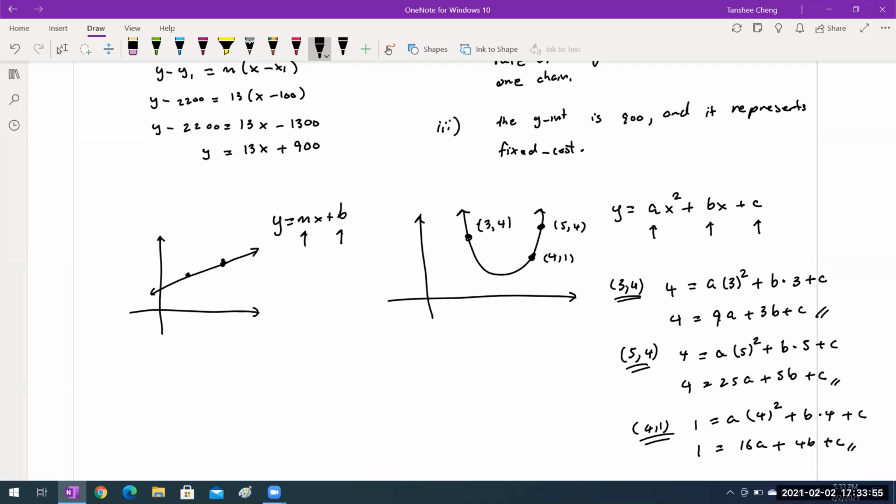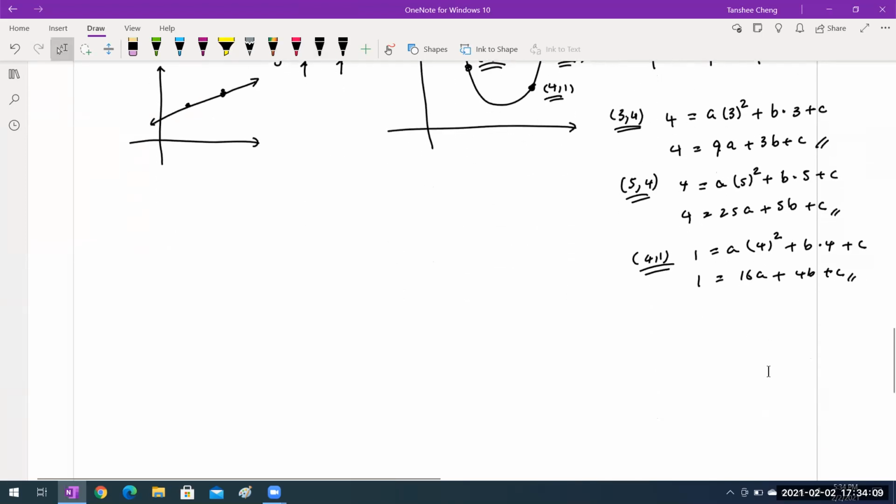So I gave you an example with 3 random points on a parabola, and now we have 3 equations ready. Now we can use a system of equations to solve for it: 9a plus 3b plus c equals 4, 25a plus 5b plus c equals 4, and 16a plus 4b plus c equals 1.